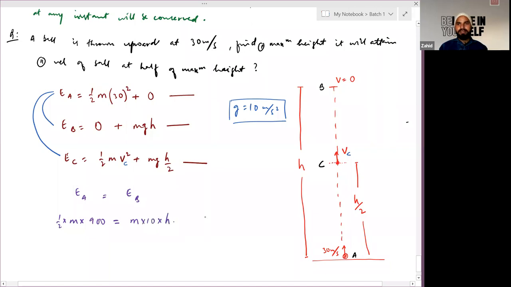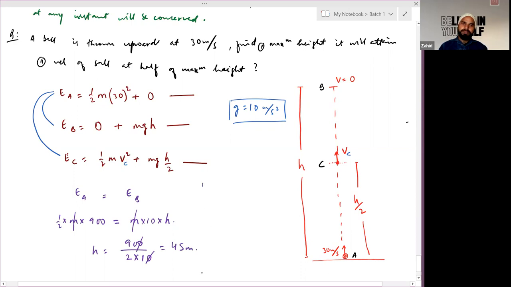Good, Hamza. So mass and mass will cancel out. So h will be equal to 900 by 2 divided by 10. This 0 and this 0 will cancel out. 90 divided by 2 will be 45 meters.